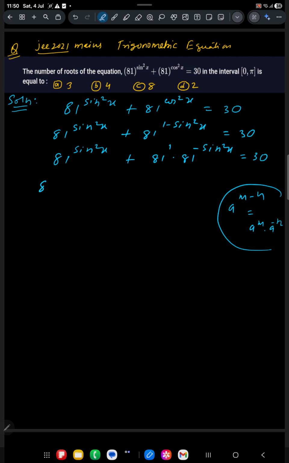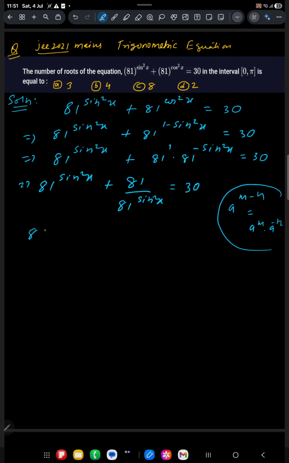So 81 raised to the power sin square x plus 81 upon 81 raised to the power sin square x. When the power goes to the denominator side, it becomes positive as it was negative in the numerator.